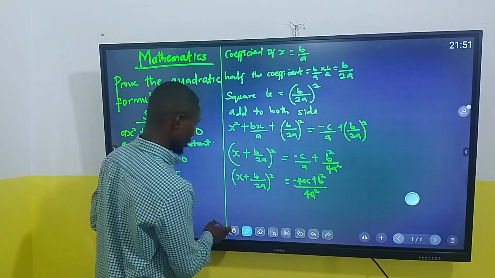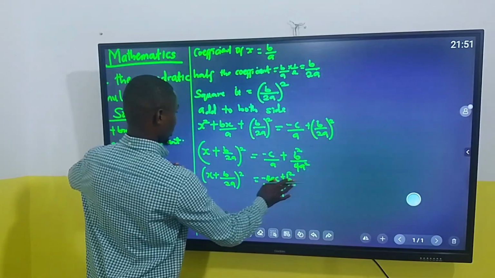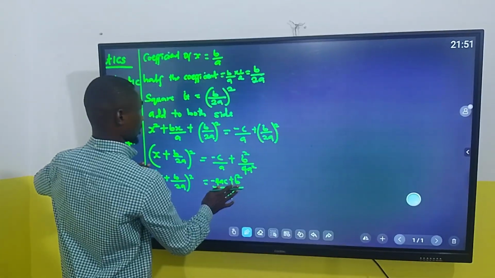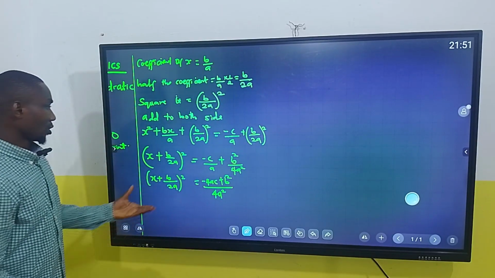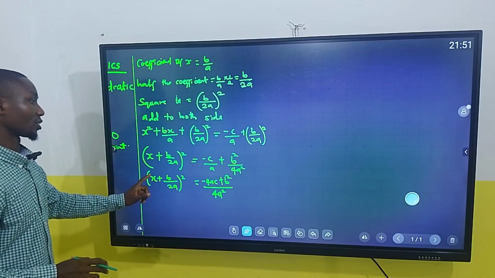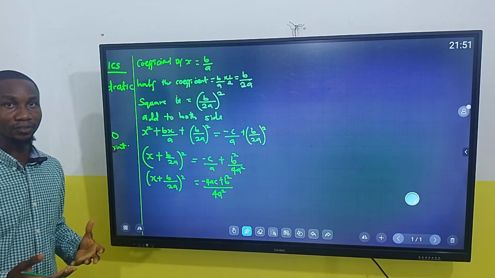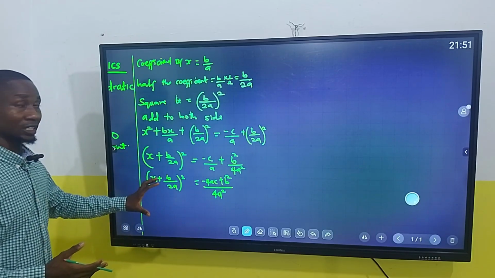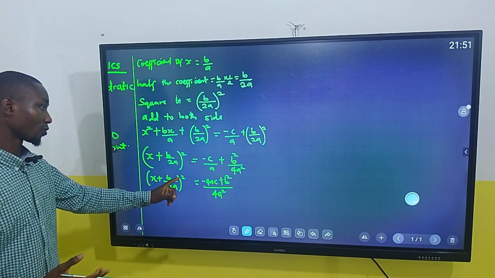So at this point, the whole aim is to make s subject of the formula. Whenever you want to make a variable subject of the formula, everything attached to it has to go. So I have to take out this square, and we'll remove it with the square root.